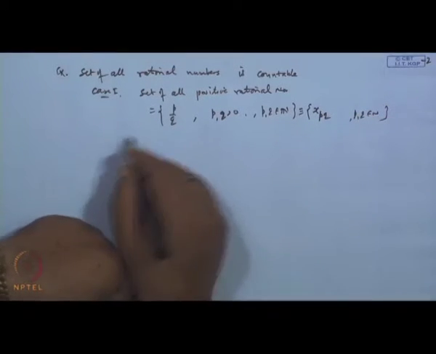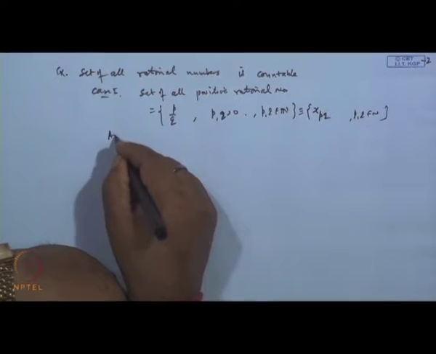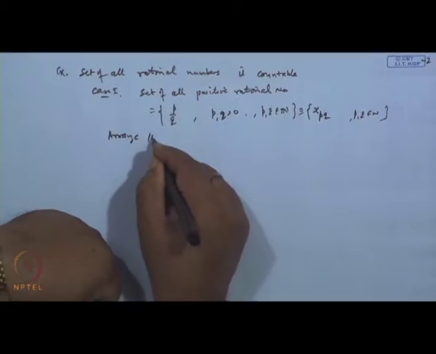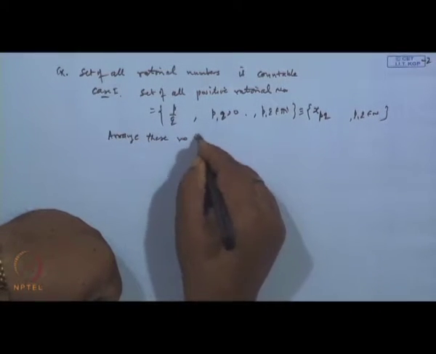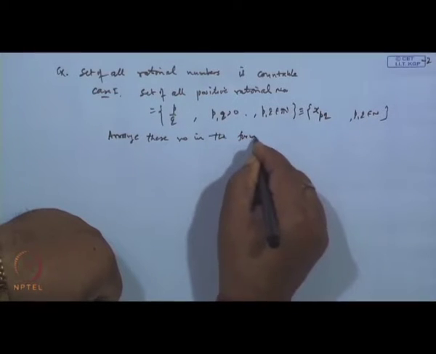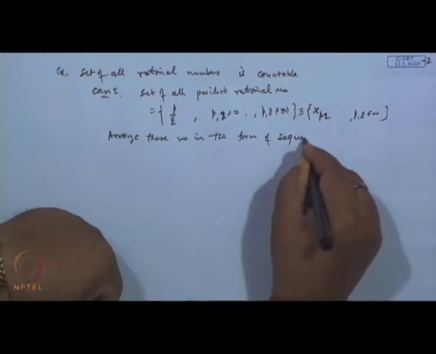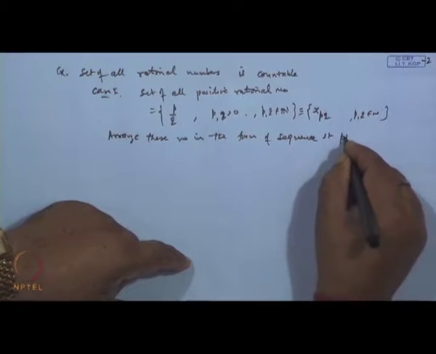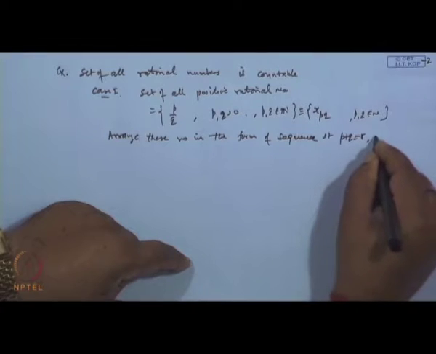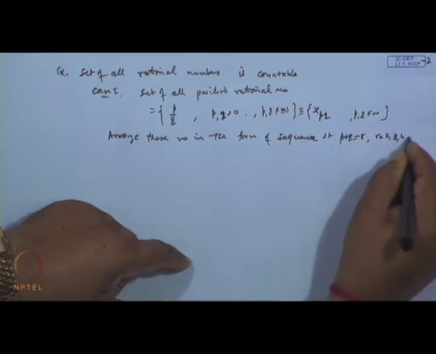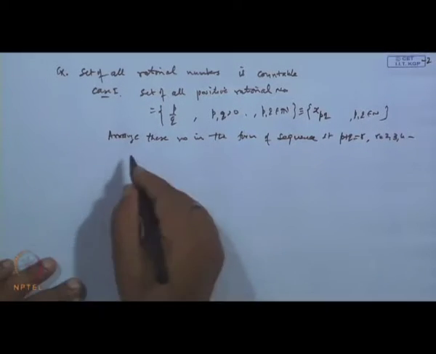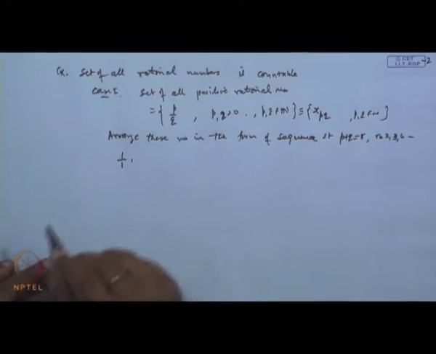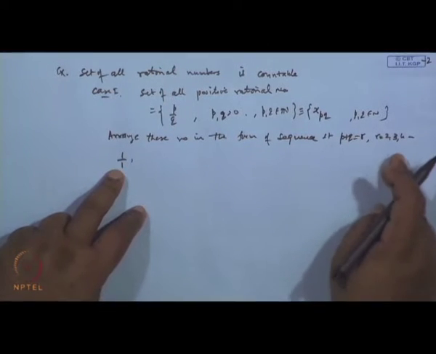Then we can arrange these numbers in the form of a sequence such that p plus q is r, where r is 2, 3, 4 and so on. It means we can put it in this way: 1 by 1 first, so that p plus q is equal to 2.